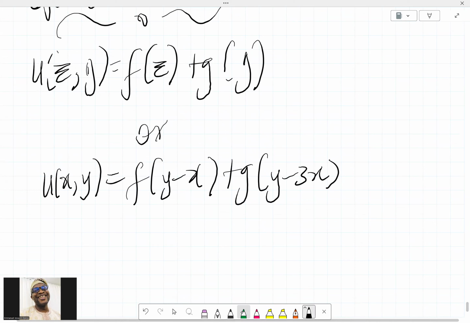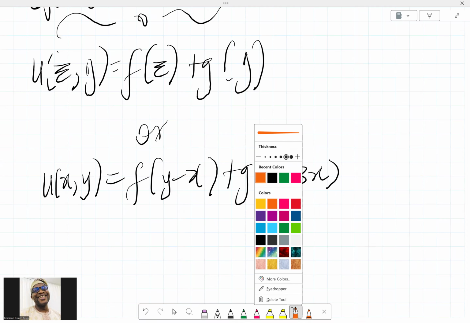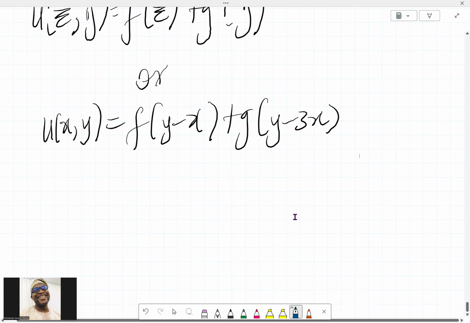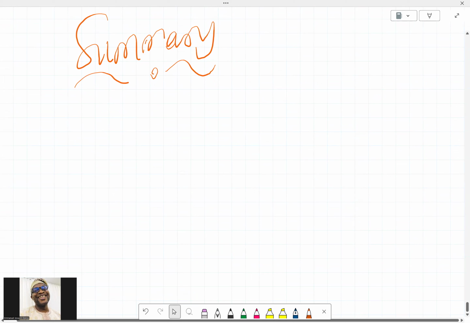So let's talk about a summary for all the things you have done. Okay, so in summary, how do you take care of canonical form?